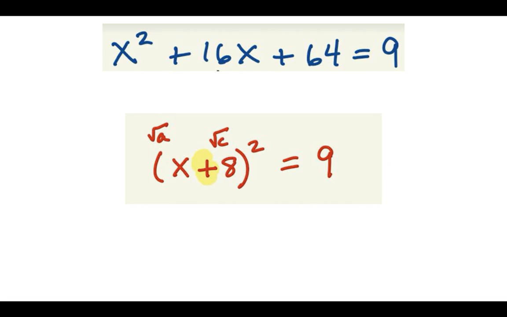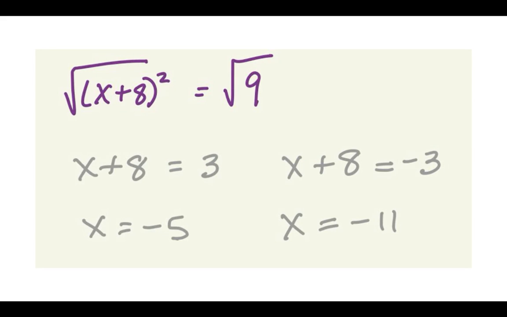I will factor: take the square root of the first term, the square root of the last term, the sign in front of B. Using the square root property, I'll take the square root of the left and right hand side of the equal sign. So I end with x plus 8 equals 3, x plus 8 equals negative 3. When I solve, I end with roots of negative 5 and negative 11.